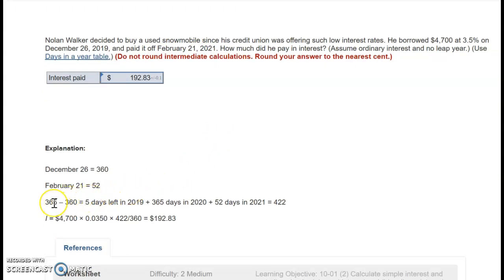So if we look at the days in the year table right here, December 31st is the 365th day, and December 26th is the 360th day. So we have 5 days in 2019, 365 days in 2020, and then the number corresponding with February 21 is 52. So 52 days in 2021.